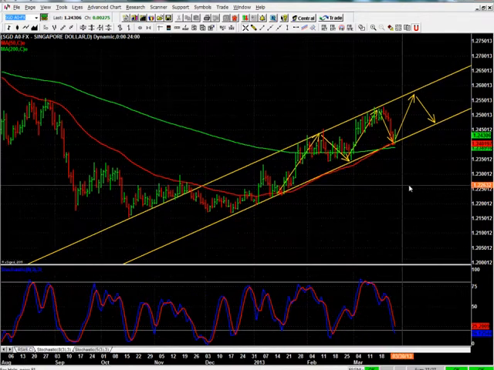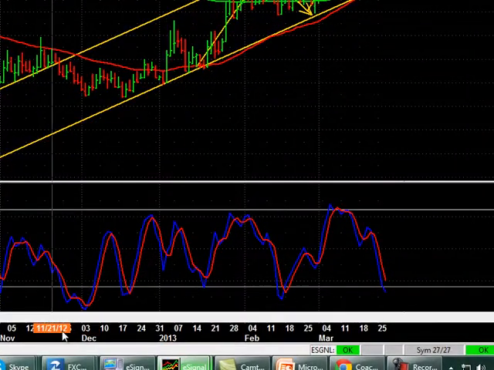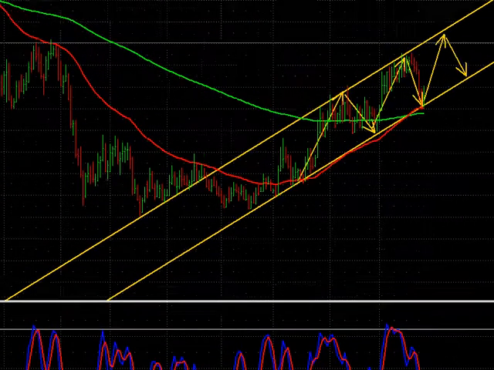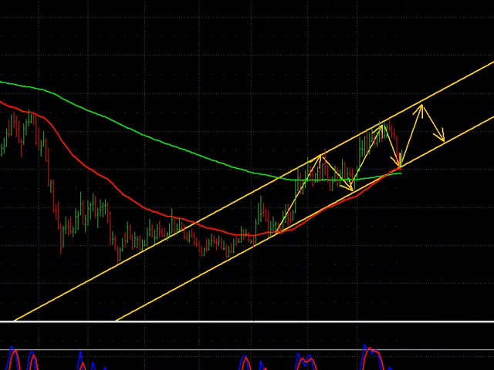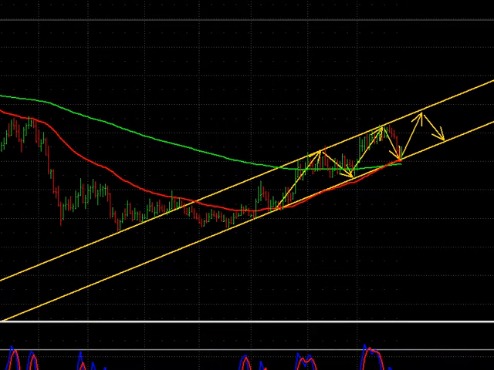Now, once you have this analysis done, you have to spot the ceiling of the house, floor of the house, and then put some support and resistance on it, and then look for some end of day patterns.